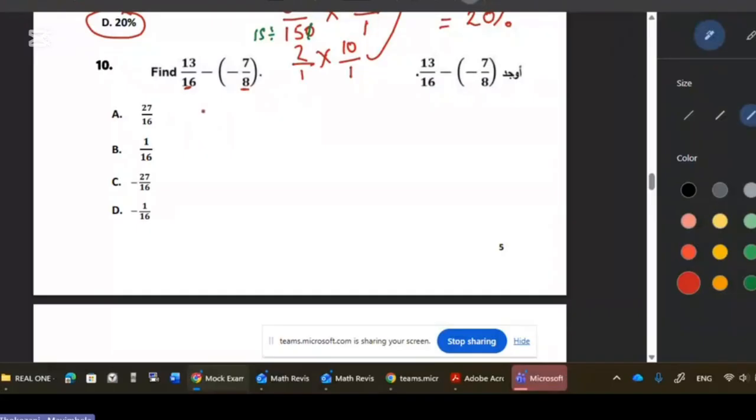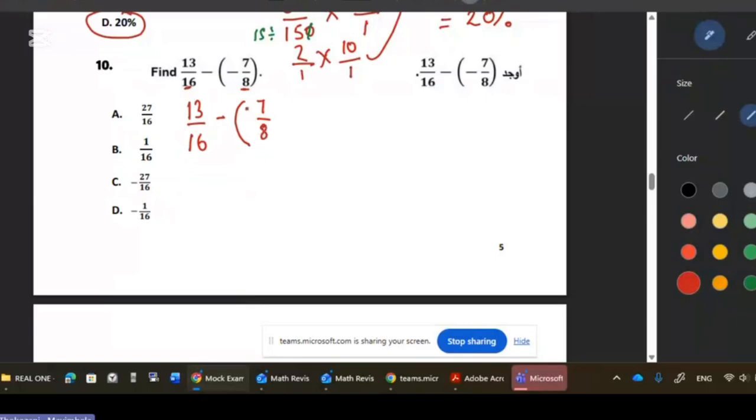So what am I going to do first? I'm going to look at 13 over 16 minus, which is this one here, guys. And I'm going to deal with this 8, which is 7 over 8.